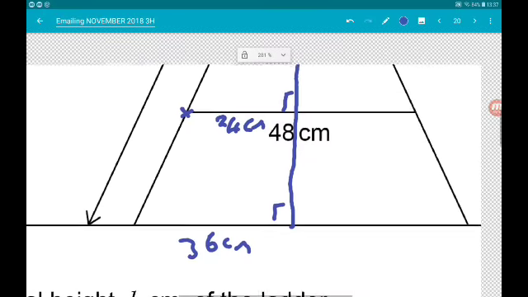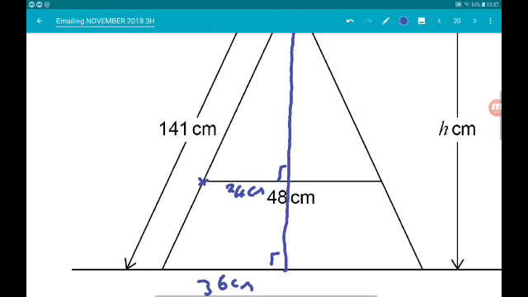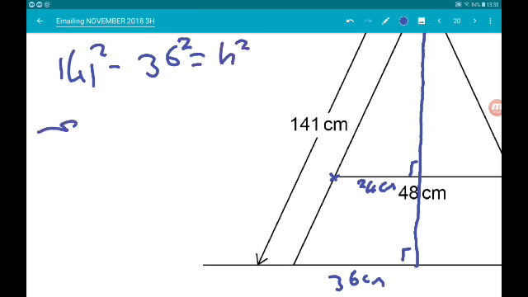So now we're in a right angle triangle where we know two side lengths and we want a third one. So it's Pythagoras. So by Pythagoras, 141 squared minus 36 squared is equal to h squared. So h squared, that, believe it or not, was an attempt at an arrow. There we go.